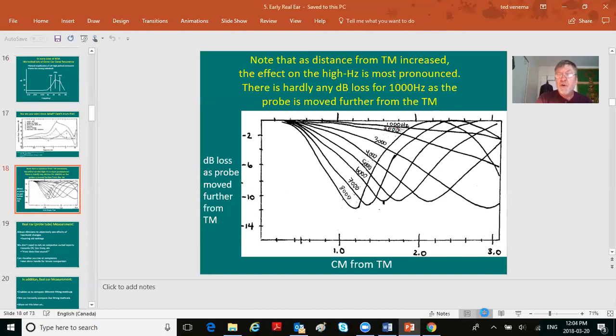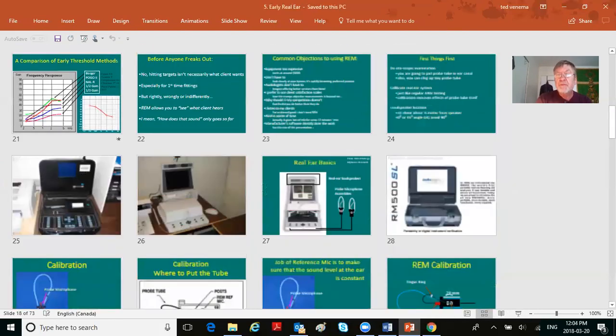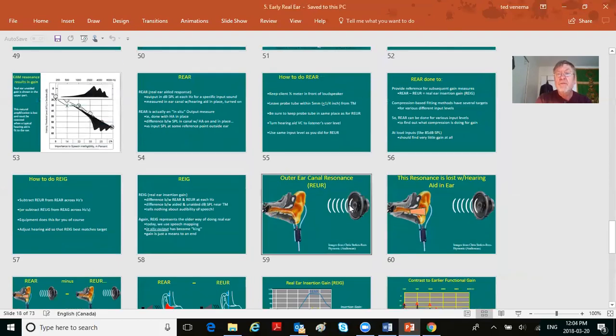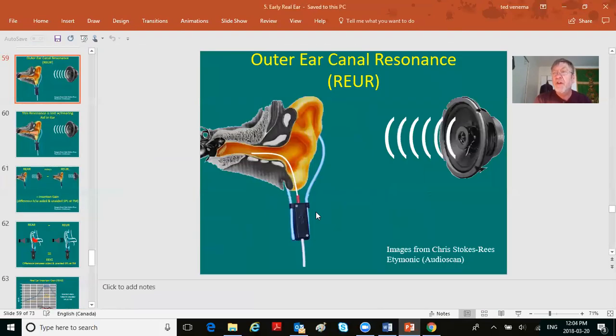Well, now let's go back to this picture here. What's wrong with this picture? Probe tube tip is too far from the drum. The probe tube tip should be within half a centimeter of the eardrum.